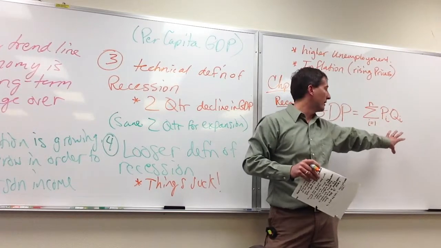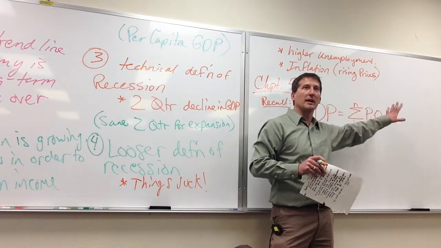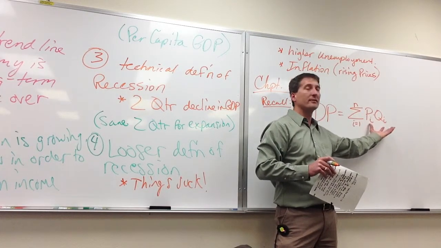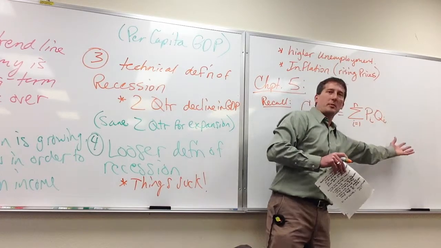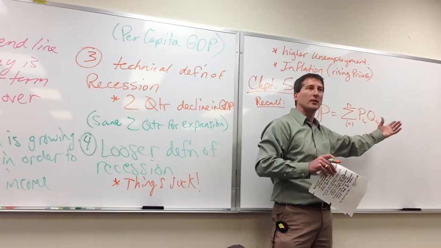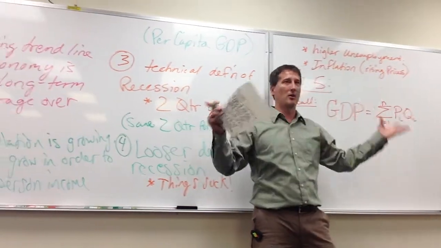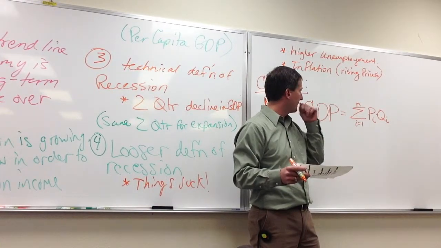In your notes you should have this all written out, so I'm not going to spend time doing it again, but I want to refresh your mind verbally. Price of haircuts times quantity of haircuts, plus price of lawyer services times the quantity of lawyer services, right? So we have a bunch of spending that's going on for a whole bunch of stuff. And that's what gross domestic product is.